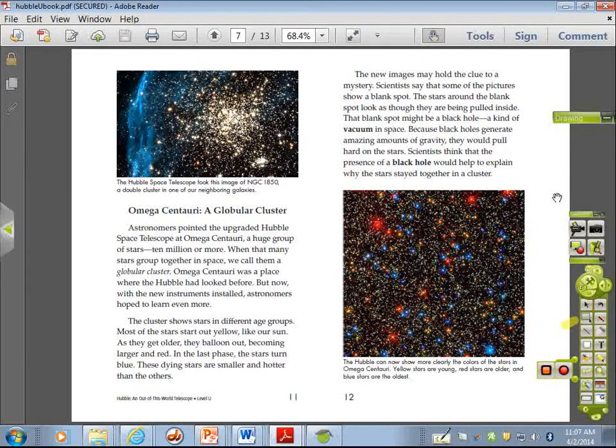And this, look at this. It says, look at this part. We did this when we were reading in our science book. Yellow stars are young, red stars are older, and blue stars are the oldest. And we knew that from the pictures that we were drawing.